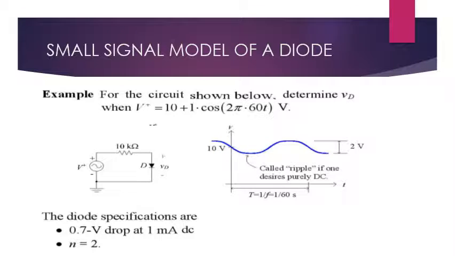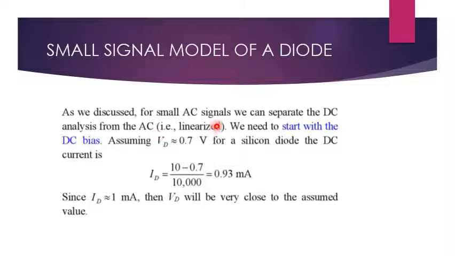Right, now we'll go to the problem. We can separate the DC analysis from the AC. So we need to start with the DC biasing. Now assuming VD equal to 0.7 volt for a silicon diode, what will be the DC current then? The DC voltage which we have applied is 10.